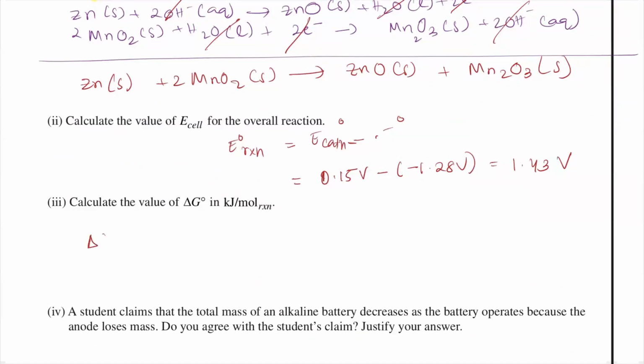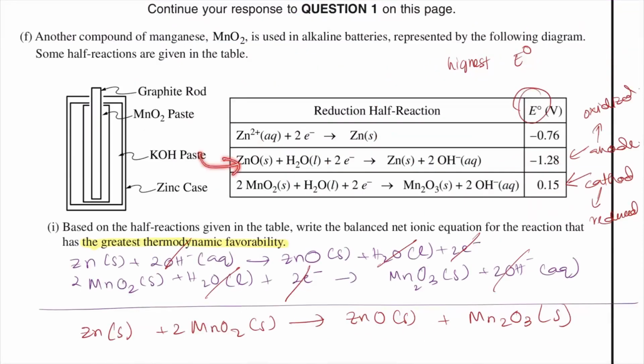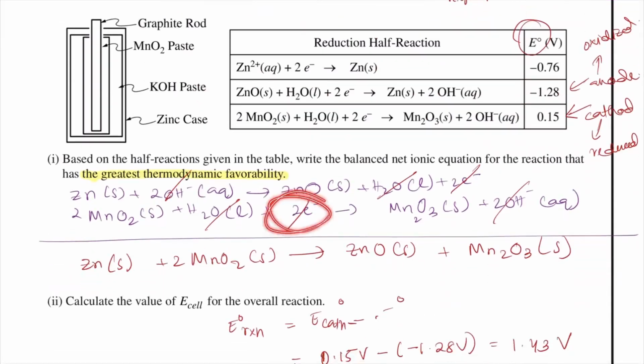Okay. Now calculate the value of delta G in kilojoules per mole of reaction. So we know that delta G is negative nFE naught. What is our n? n is the number of electrons being transferred. Here, on these two reactions, 2 electrons are being transferred. You do not add this, 2 becoming 4. It's just 2, transferred from this reaction to this reaction.